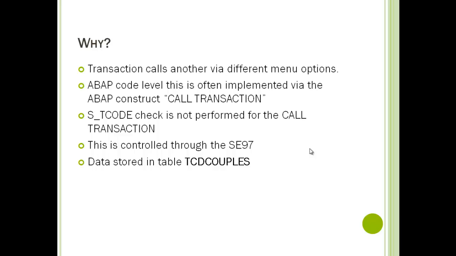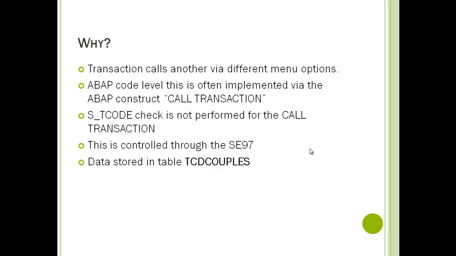So for this we use a statement in ABAP code which is called call transaction. We can also use these call transaction ABAP codes to create our own program and call different transactions within this program. So it is possible that the S_CHECK is not performed under these call transactions.